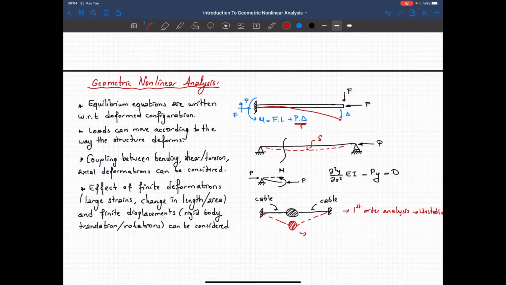I'll see that the second order analysis tells me that as the structure deforms, it finds a stable configuration and can carry this applied weight.